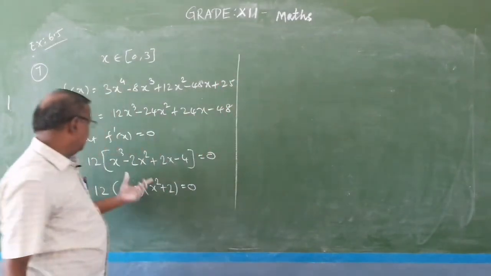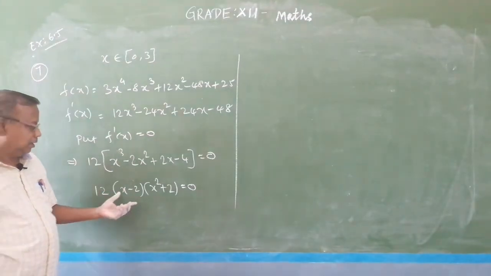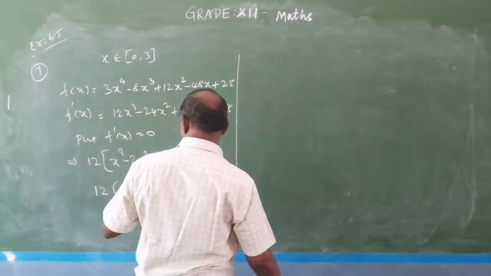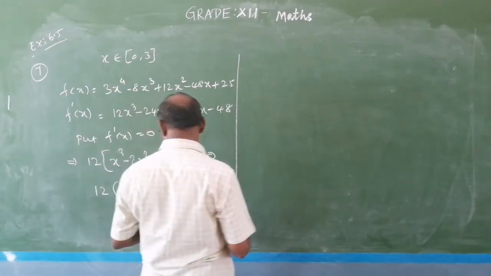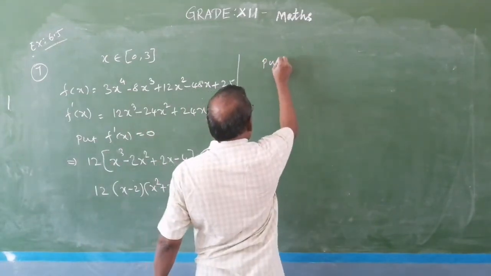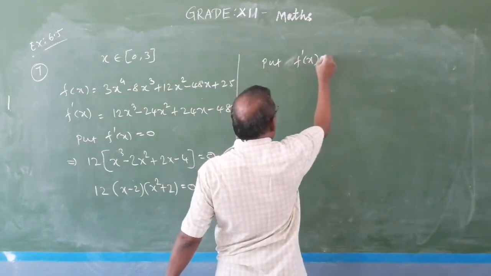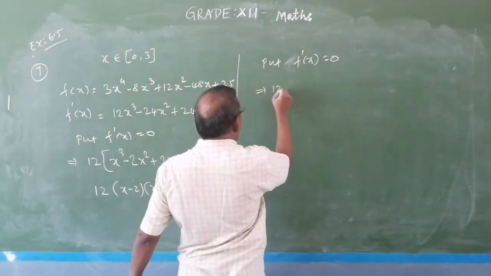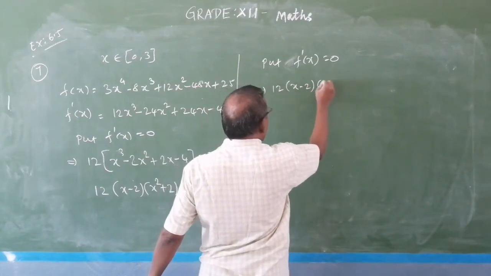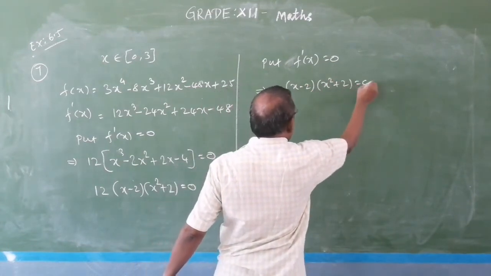You know how to simplify a polynomial by factorization. So, by factorization it is x minus 2 into x square plus 2. For critical numbers, put f dash of x equal to 0. So, 12 into x minus 2 into x square plus 2 equal to 0.